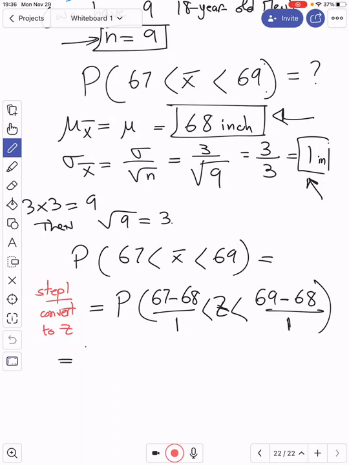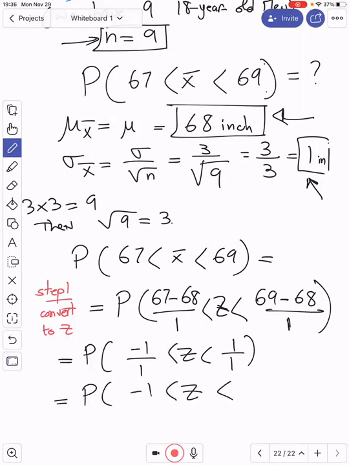So this is the probability that z is between 67 minus 68, which is negative 1 over 1, and 69 minus 68, which is 1 over 1. So this is just the probability that z is between negative 1 and positive 1.